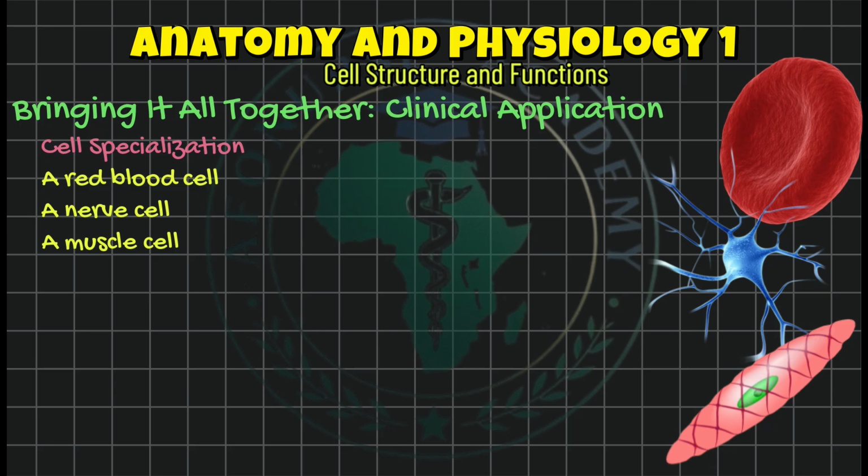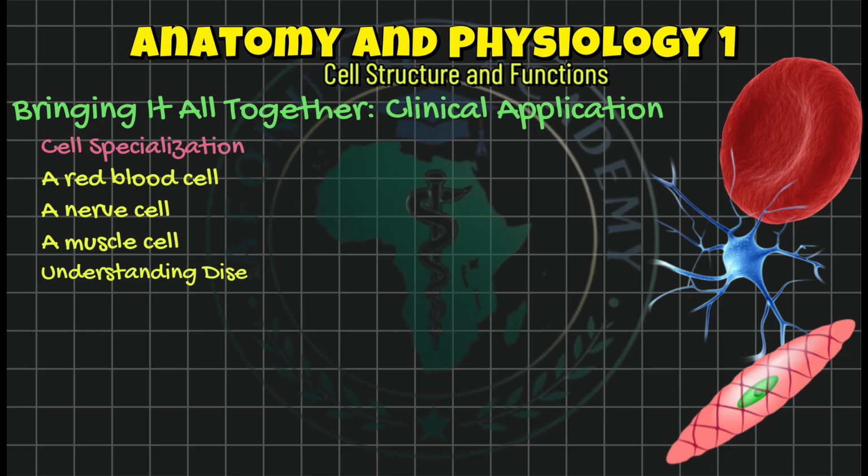Each cell type has the same DNA, but different genes are turned on or off to create these specialized types. This specialization allows cells to form tissues, which brings us perfectly to our next topic that we'll cover in the next video: tissues, their types and functions.